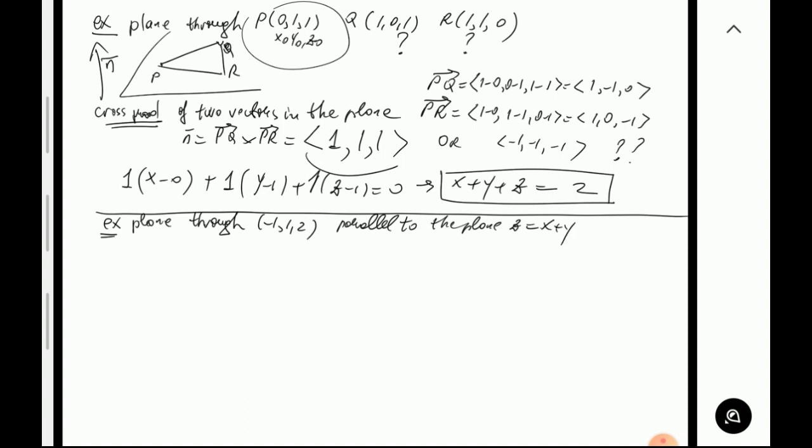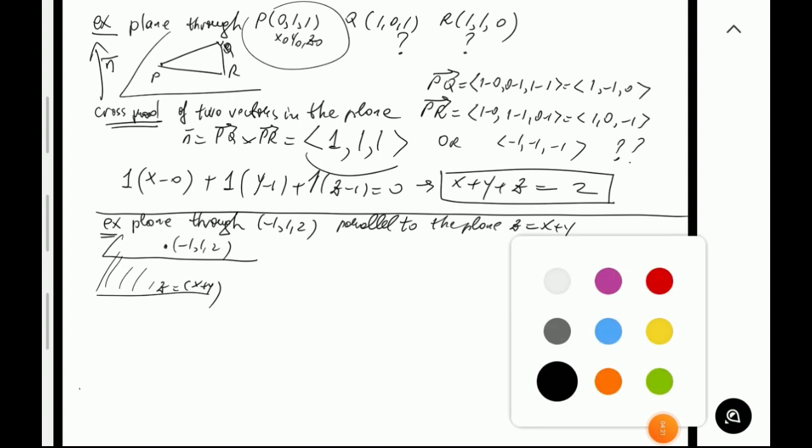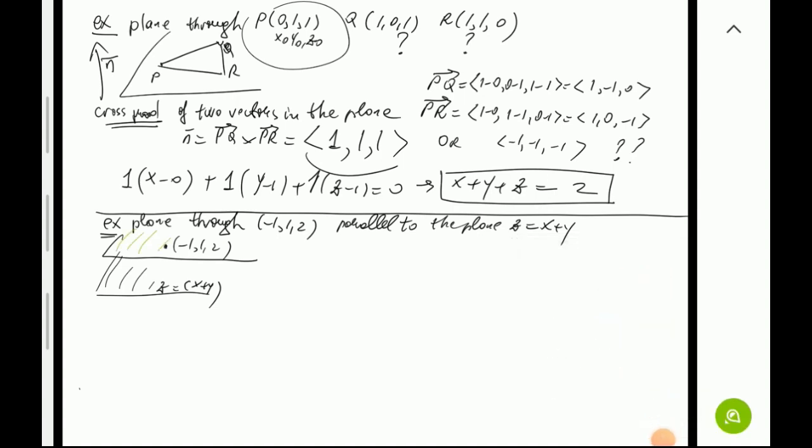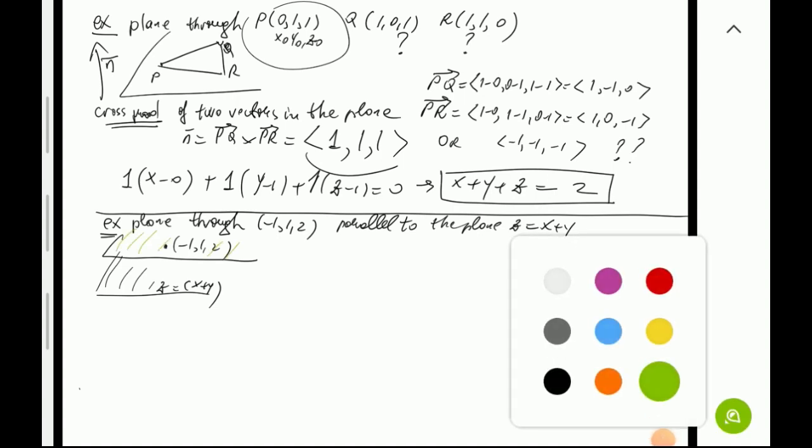So here the schematic is you have somewhere a point negative 1, 1, 2. You have a given plane. Let's say this is the given plane. And I need the plane parallel to the given one.